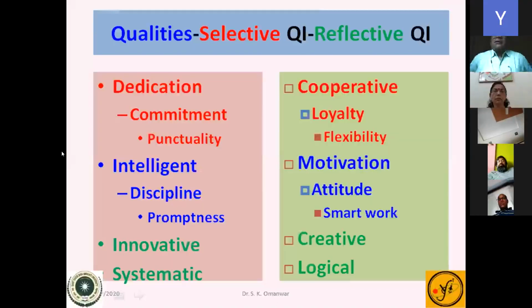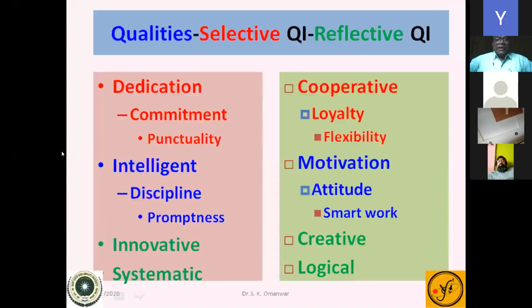While selecting the students, the subordinates, the group members, we define selective qualities. One must be dedicated and hardworking, but the person should also be cooperative, then only dedication will help. He should work with commitment, but only commitment is not sufficient.